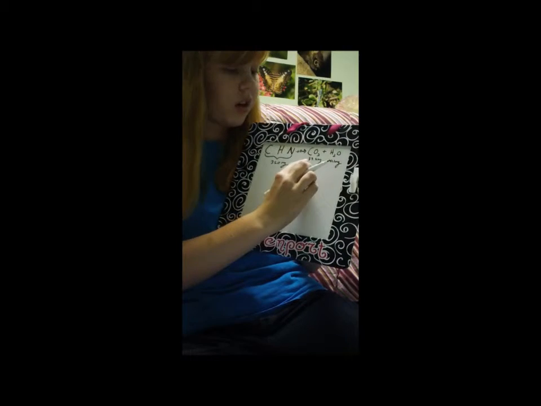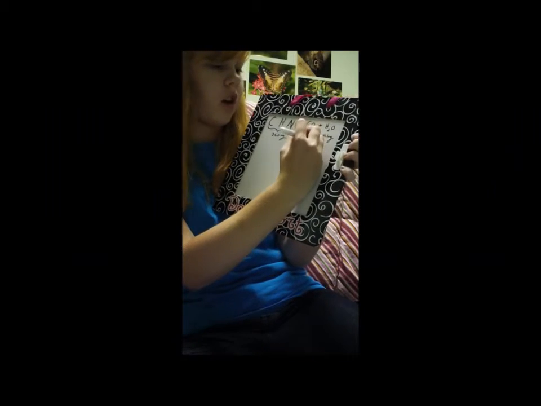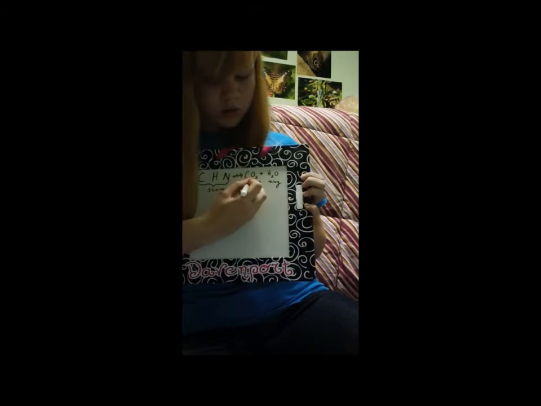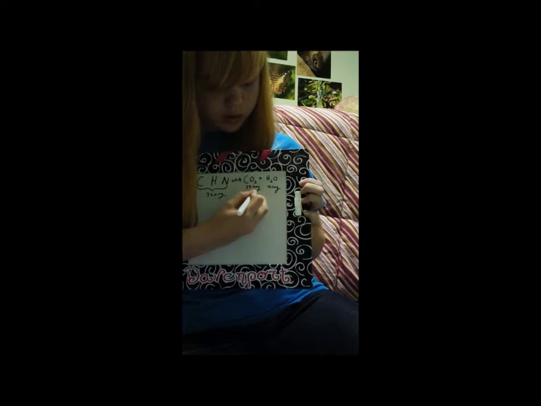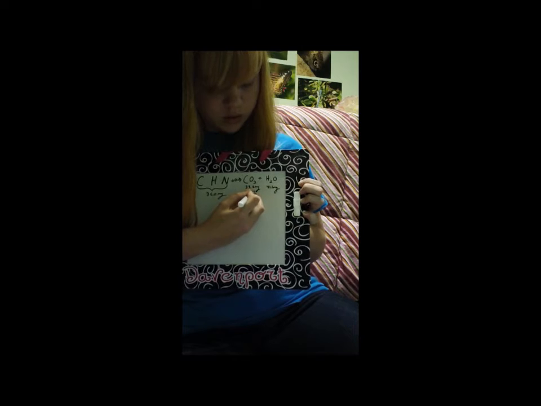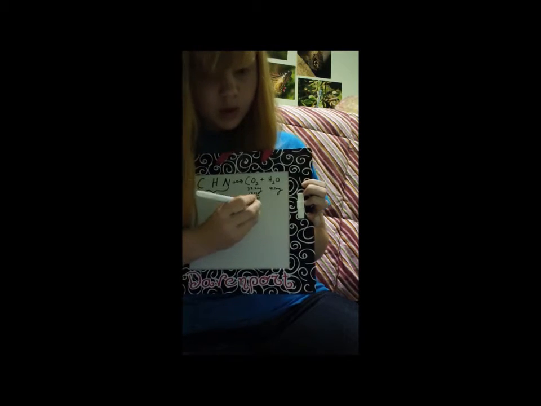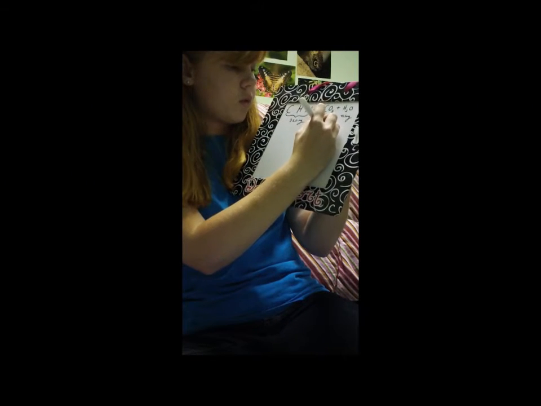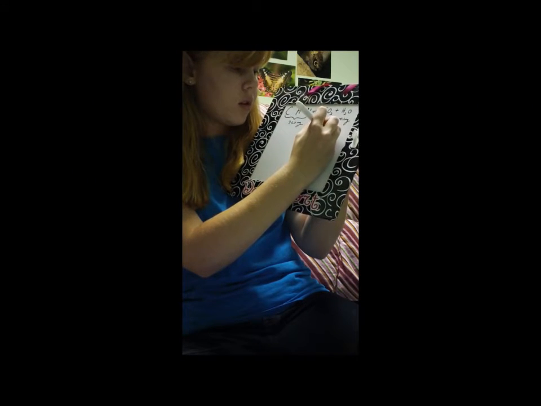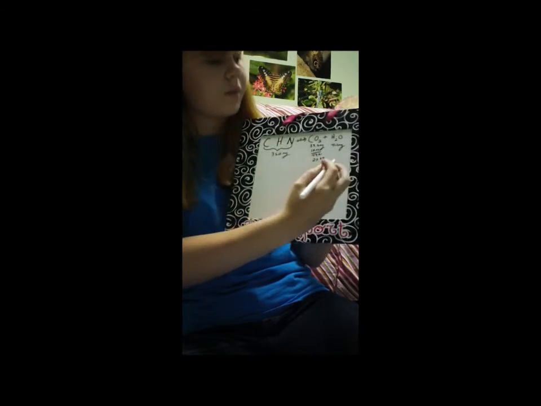So we're going to find the percent that carbon is out of CO2. Carbon is 12.01, out of a total formula mass of CO2 of 44.01, and that percentage is 27.3%, so that's 27.3% carbon.